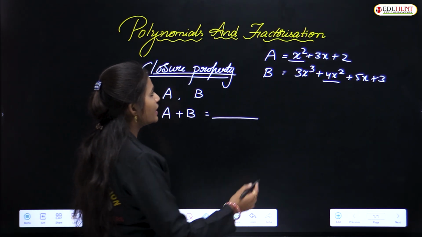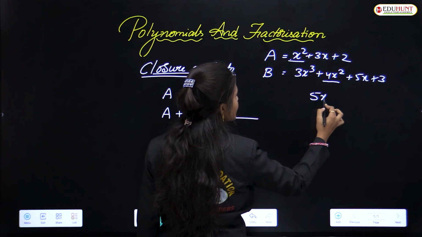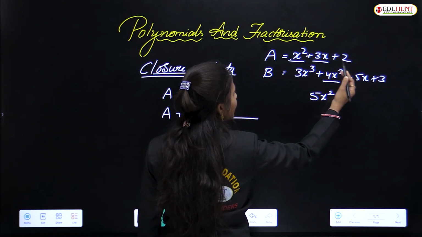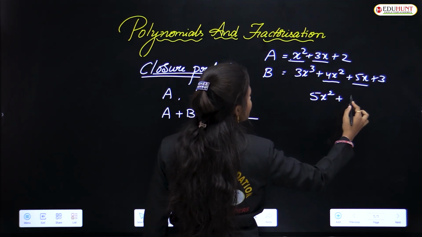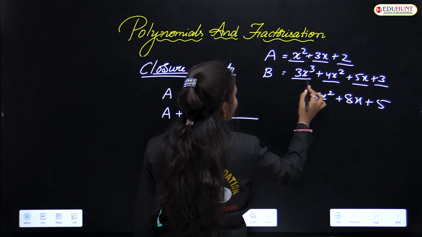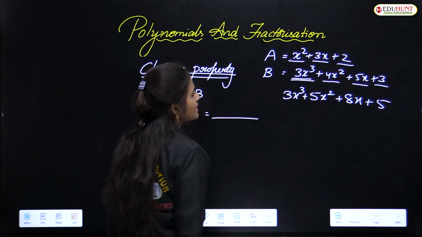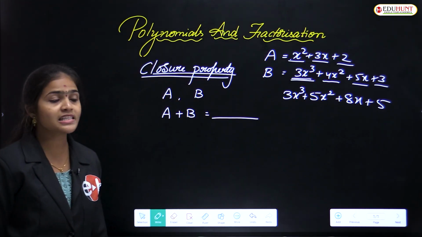So 1x square plus 4x square is 5x square, 3x plus 5x is 8x, 2 plus 3 is 5, and the leftover term is 3x cube. So 3x cube plus 5x square plus 8x plus 5.